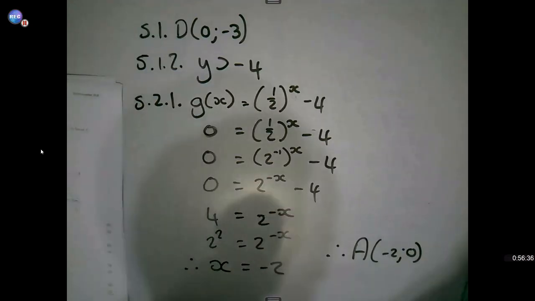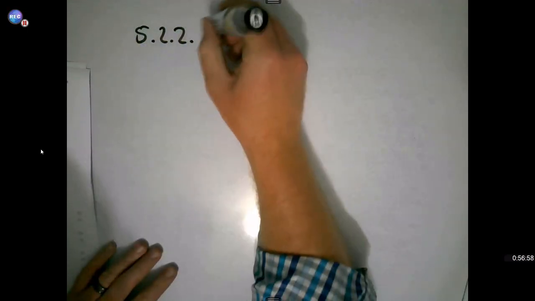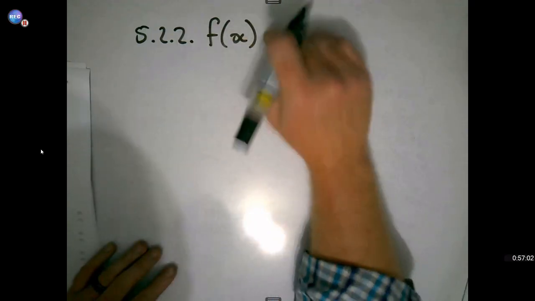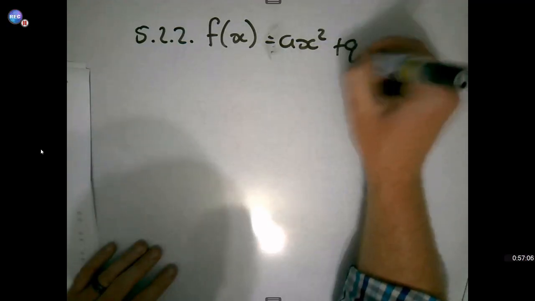Then they come with another question where they ask you to calculate the values of a and q. Now a and q are with function f in this case. So we write down what's at 5.2.2. f(x) equals ax squared plus q.